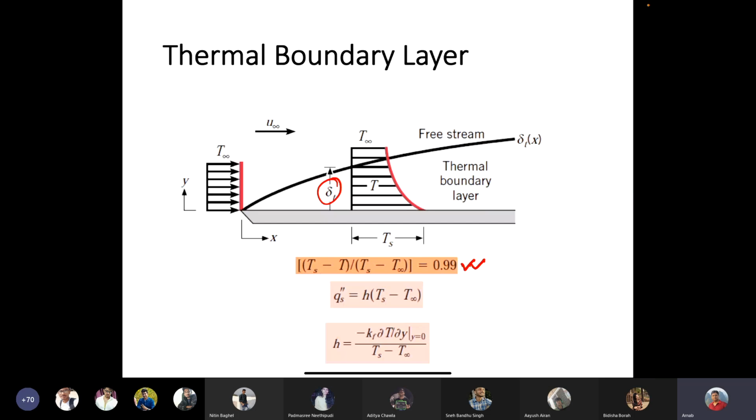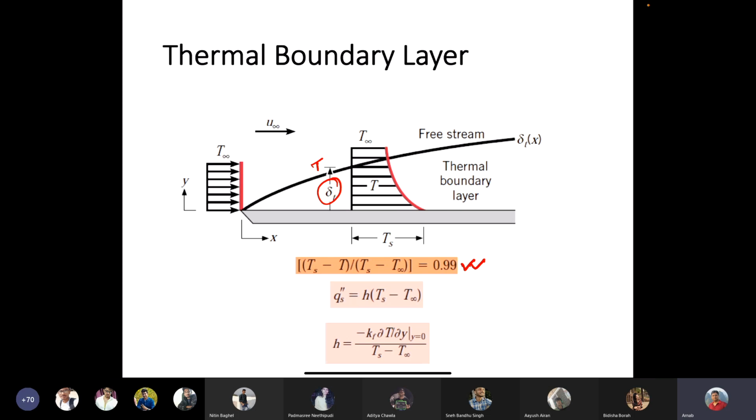Now here the thickness of this boundary layer was defined by this definition, that when the temperature difference between the surface and the temperature at this delta T, so if this is T, divided by the surface temperature minus the free stream temperature, is 0.99.